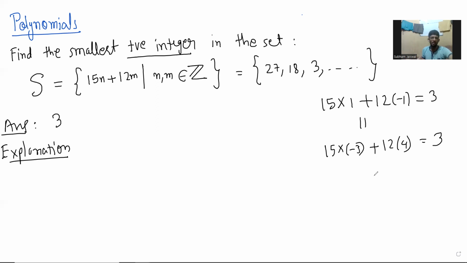There is a very simple reason why you cannot get less than 3. Another thing you can notice about the set is that anything in the set is a multiple of 3. If you can explain that logically, that should be.